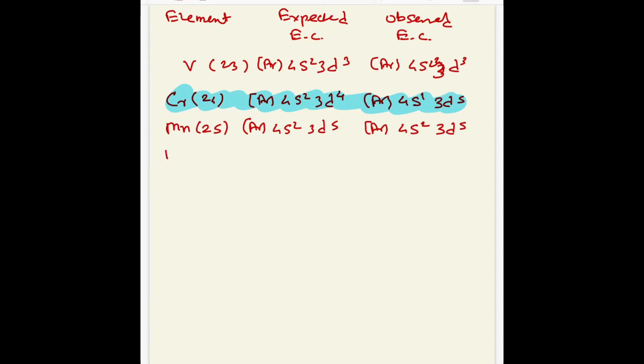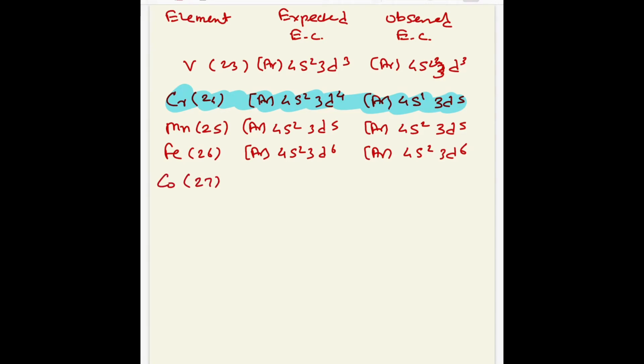Next is iron. The atomic number of iron is 26 and its electronic configuration is 4s2 3d6. The observed is also the same, 4s2 3d6. Next element is cobalt.